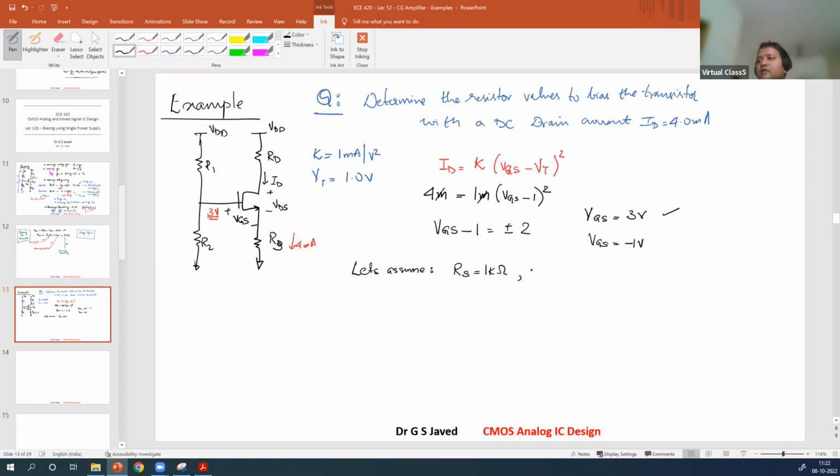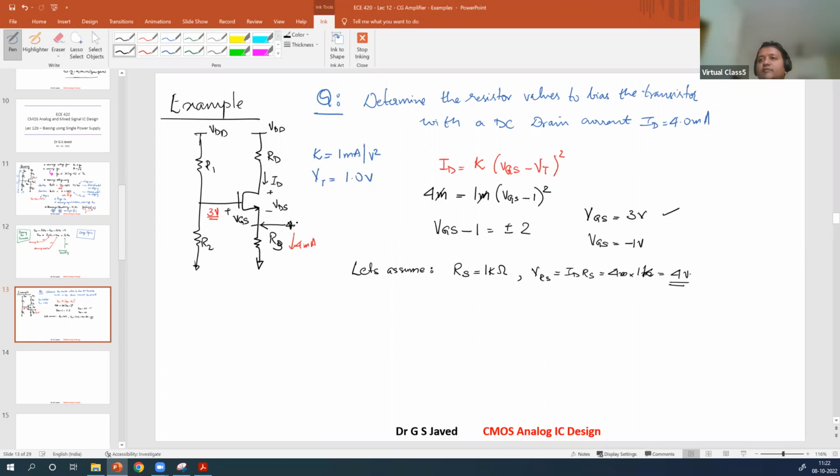Then the voltage drop across RS is ID times RS, that is 4 milliampere times 1 kilo ohm. 4 milliampere is the ID current, 1 kilo ohm is the RS resistance, that is 4 volt. So the voltage across RS is now 4 volt.